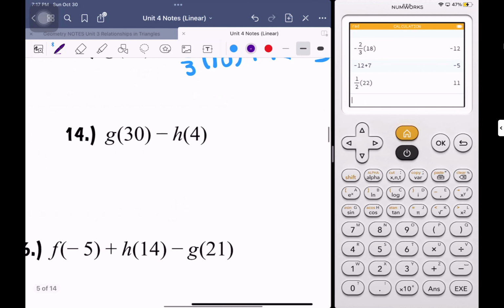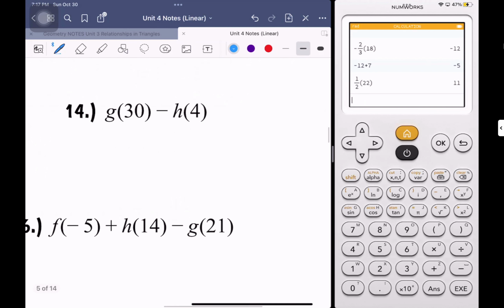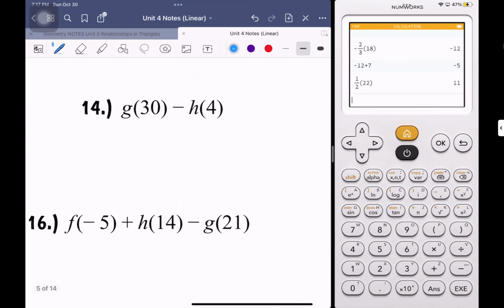Okay. Our next one, we have two functions subtracting each other. What we have to do is evaluate one function, and then evaluate the other function. So g of 30. We have -2/3 times 30 plus 7.